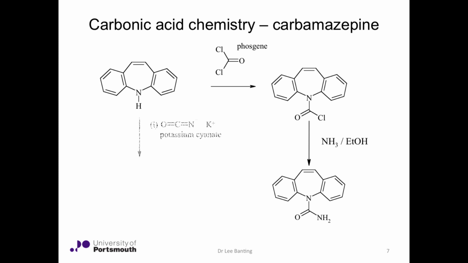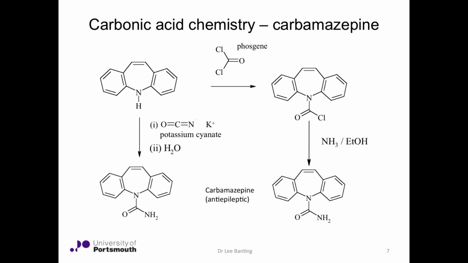There is another route which is interesting, and that's using something called potassium cyanate, and in this chemistry the carbon of the cyanate ion is electrophilic, and this is nucleophilic enough to attack that position, and when we do that chemistry and quench the resultant product with water, we get carbamazepine, the antiepileptic.